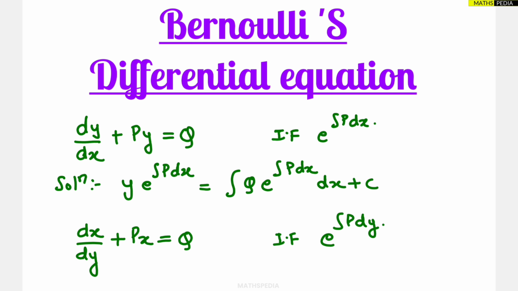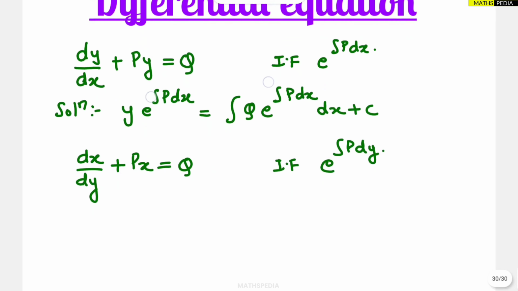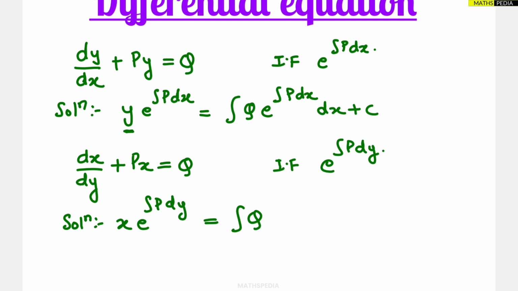This is the solution for the first one. Now what about the second one? The second solution becomes the same thing, only in place of y, x will come: x e power integration of p dy is equal to integration of q e power integration of p dy, dy, plus c. So this is the change. Here we are dealing with the linear equation in x and y variables.